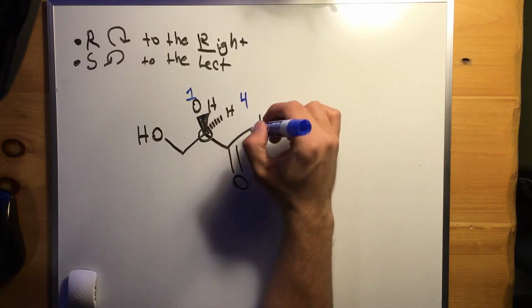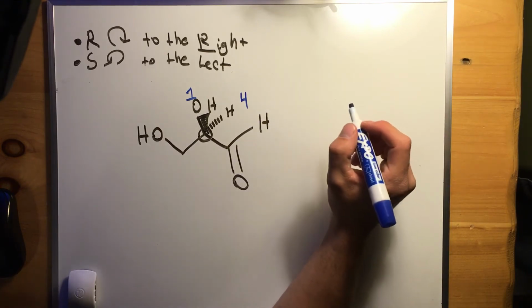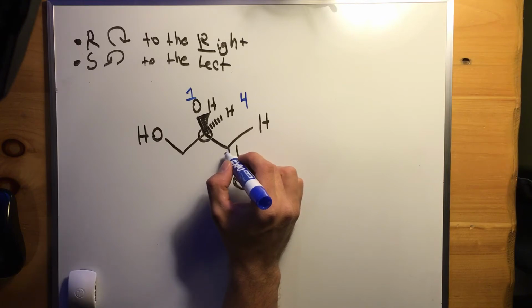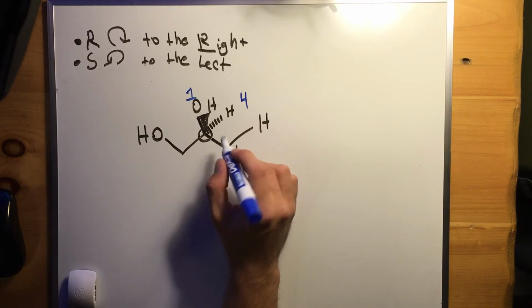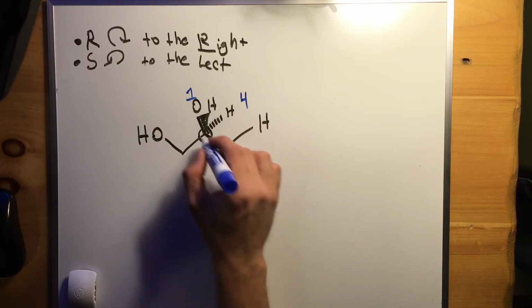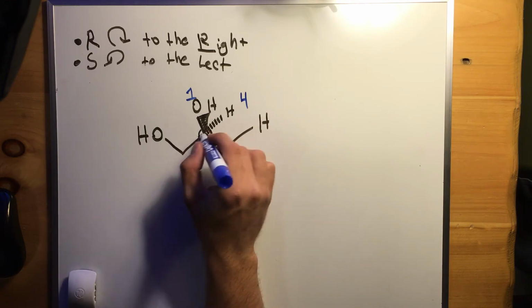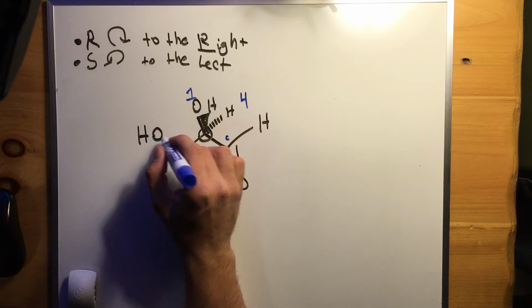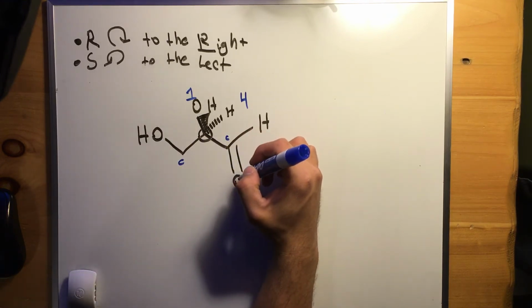Oxygen's atomic number is 8, carbon's atomic number is 6, right? So from there, we're going to go carbon, carbon, so that doesn't really help us. We have to go one more step out. If we go one step here, carbon, we go one more step, we get oxygen. We go one more step, we get oxygen.